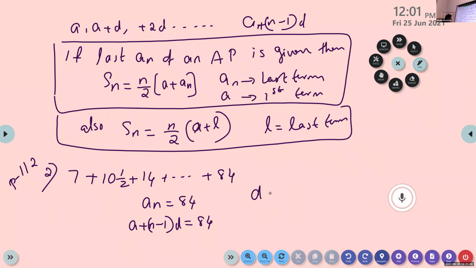So you have to find d. d is 10 and 1 by 2, which means 21 by 2, minus 7. That is 21 minus 14 by 2. 21 minus 14 is again 7 by 2.